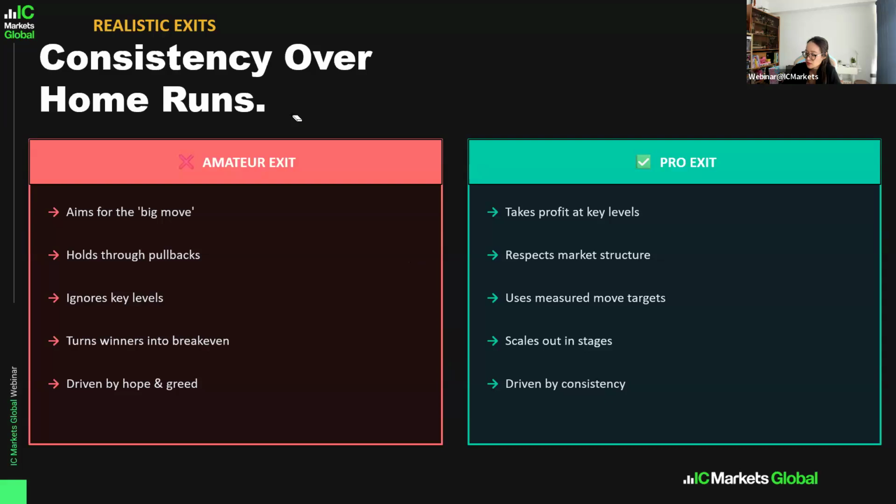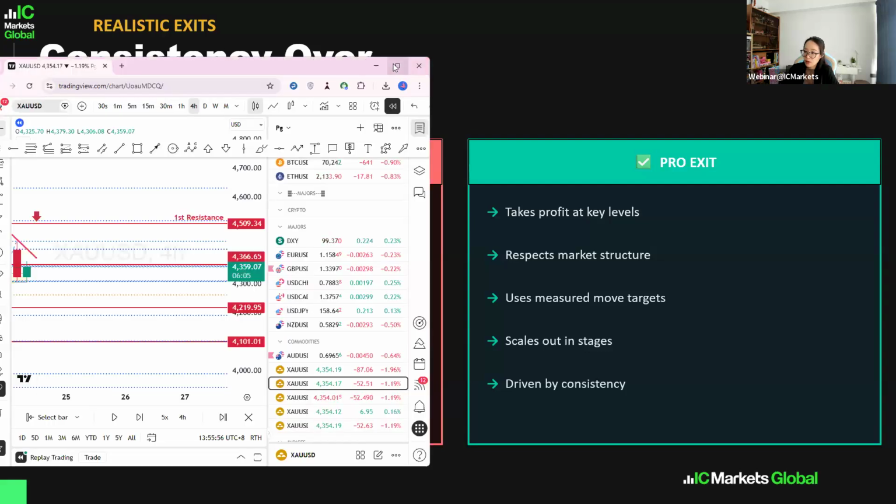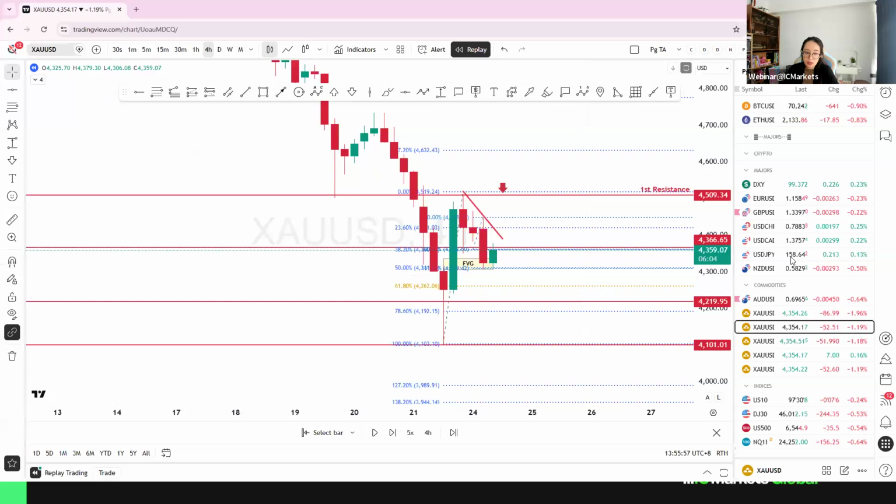It's driven by consistency. Let's imagine every day you aim for like $200 or $500 per day, but be consistent. Rather than today you win 5,000, tomorrow you lose 3,000, the next day you win 1,000, then another day you lose 5,000. It's not consistent at all. Small profit, but be consistent. That is enough for the forex market, because you should look at the forex market like your own business, one you want to grow.